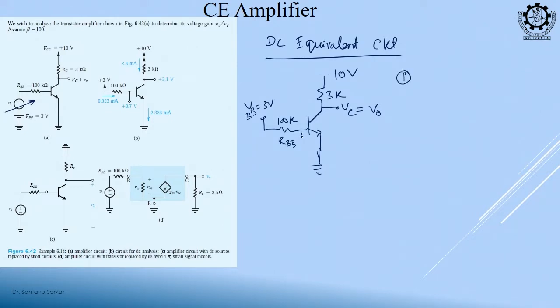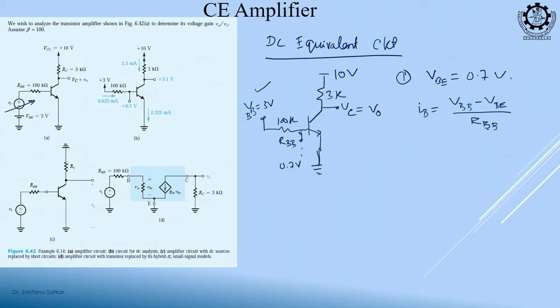We will define VBE. Let us consider that VBE is equal to 0.7 volt. So, you know this voltage. First step is to find IB. IB is equal to VBB minus VBE by RBB.